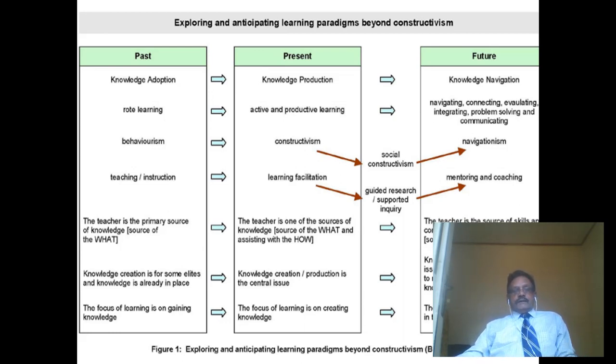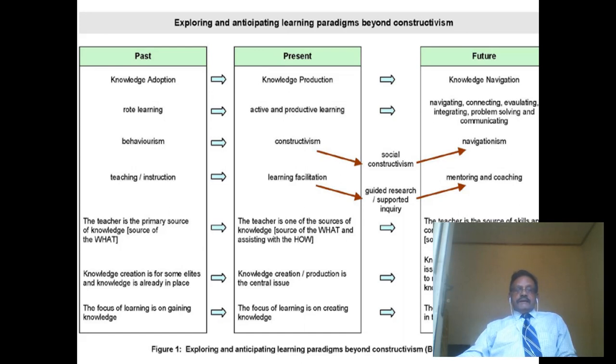Just undergo a course, study, take the examination, get the certificate, then get yourself employed elsewhere. So knowledge adoption. And in those days, they believed in rote learning, that means mugging up without understanding.